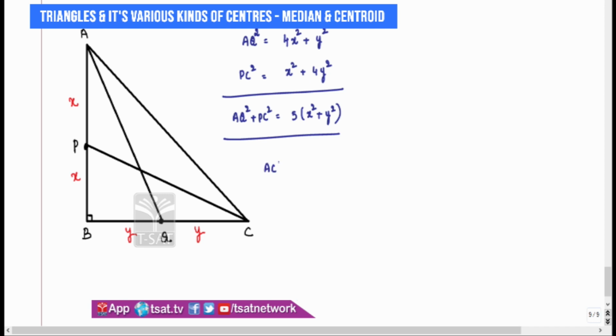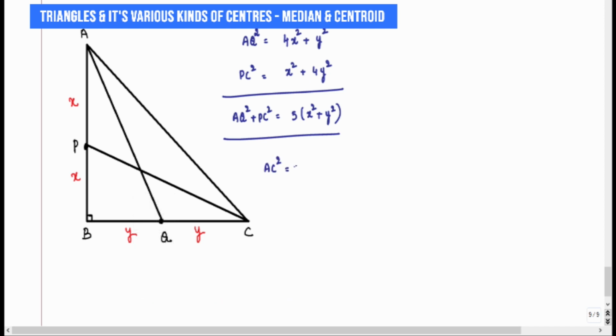If you take AC square, hypotenuse square is equal to side square plus side square, that is 2x whole square plus 2y whole square, 4x square plus 4y square. Consider equation number 1 and equation number 2.